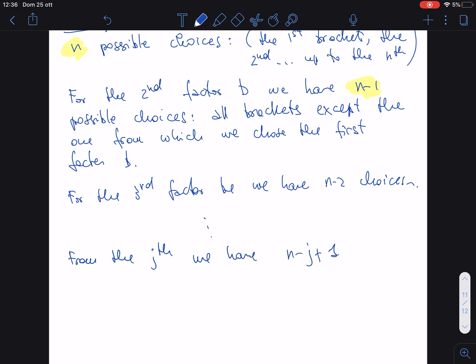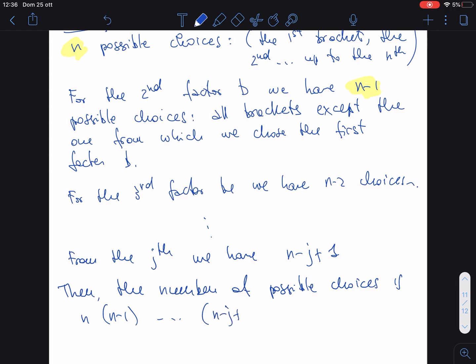Why plus 1? Just count. For the third, we don't have n minus 3, we have n minus 2. So in general, for the j-th, we have n minus j plus 1. So the number of possible choices is n times n minus 1 up to n minus j plus 1.